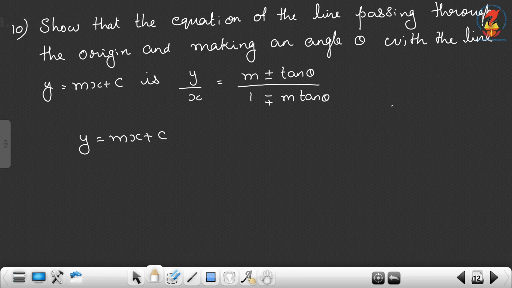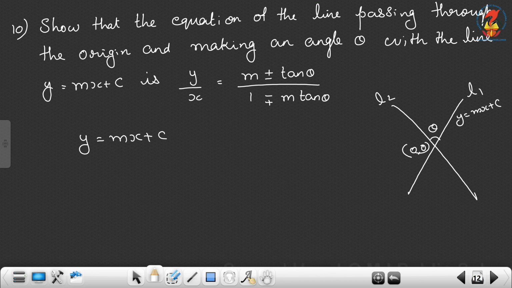Let two lines be L1 and L2, and the angle between them is given as theta. L1 is y is equal to mx plus c. This line passes through the origin, but we don't know this equation. What is the slope of L1?